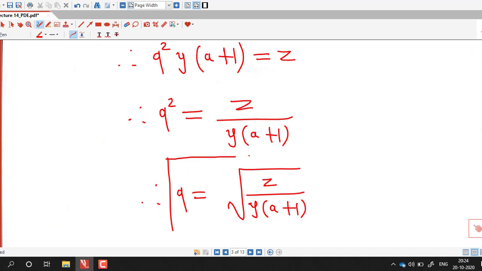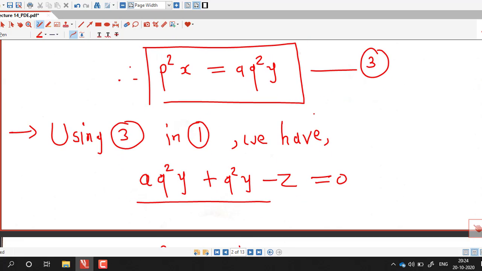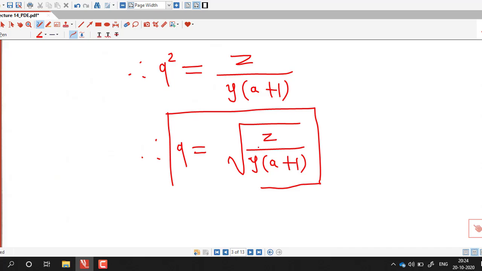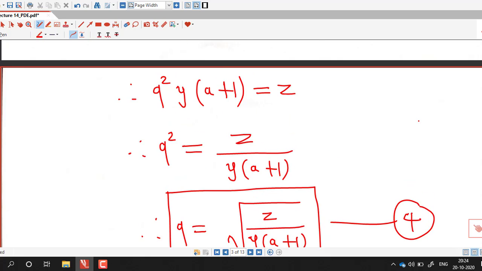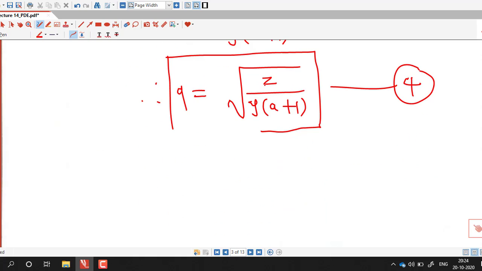So this is nothing but small q. Now using small q we can obtain p square, or we can obtain small p using equation 3. So we can give this number 4, and from 3 we can write p square equal to a q square y by x.